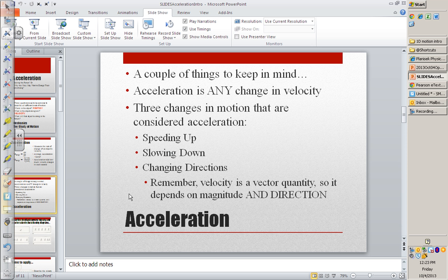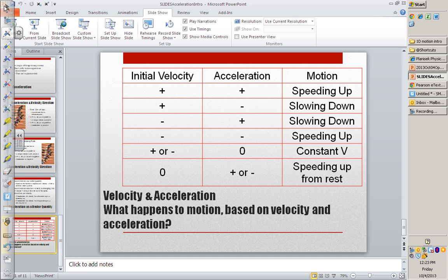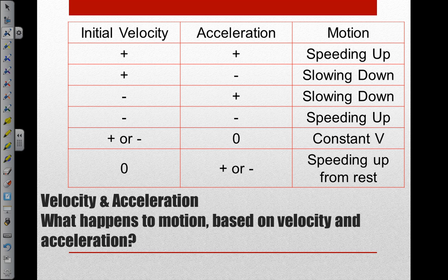Luckily for you, I have a chart that summarizes all of those possibilities, and it looks like this. Okay? So the top row, if we have a velocity that is positive, and then an acceleration that is positive, that means that the velocity is becoming more positive.